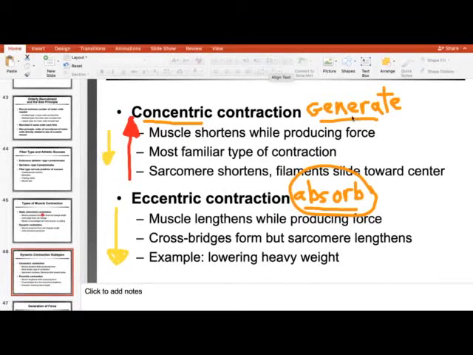And because of that, let's say I'm throwing, all right, I'm a baseball player and I wind up, I store energy in my muscles, my anterior shoulder muscles fire concentrically to throw the ball forward.